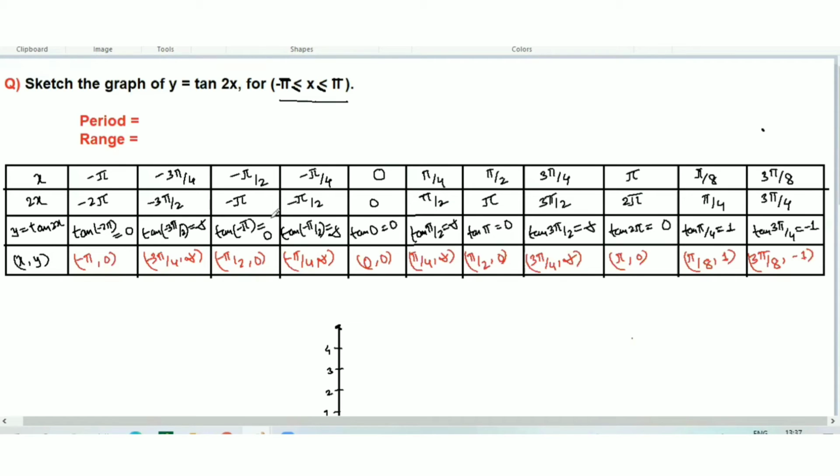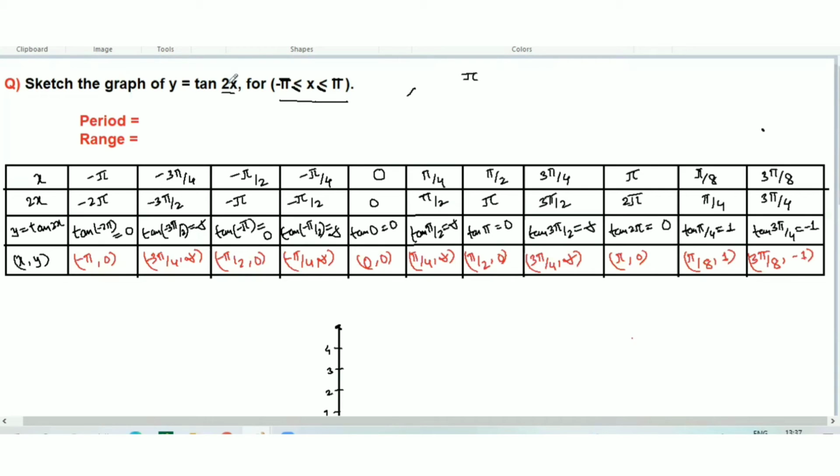Let's draw this graph by taking some values and making the table here. So I have taken here the graph of tan 2x. The period of the tan graph is always pi, as I just explained in the previous question.